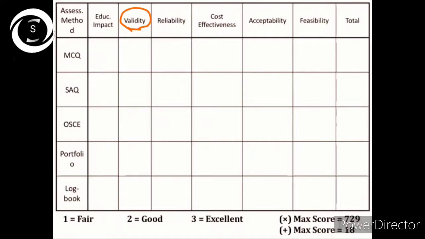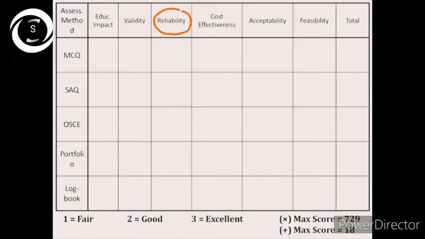Now let's come to the second variable, reliability. Reliability is a measure of consistency and precision with which the test measures what it is supposed to measure. You can also define it as the repeatability of a test, that is, how much it is repeatable. I will give you an example. One student got 80% marks in the medical school entrance exam, and after a few days the test was cancelled.